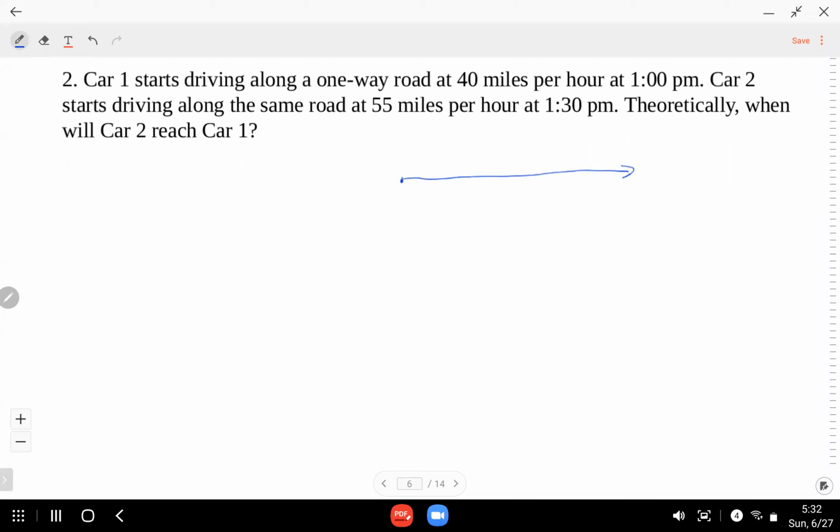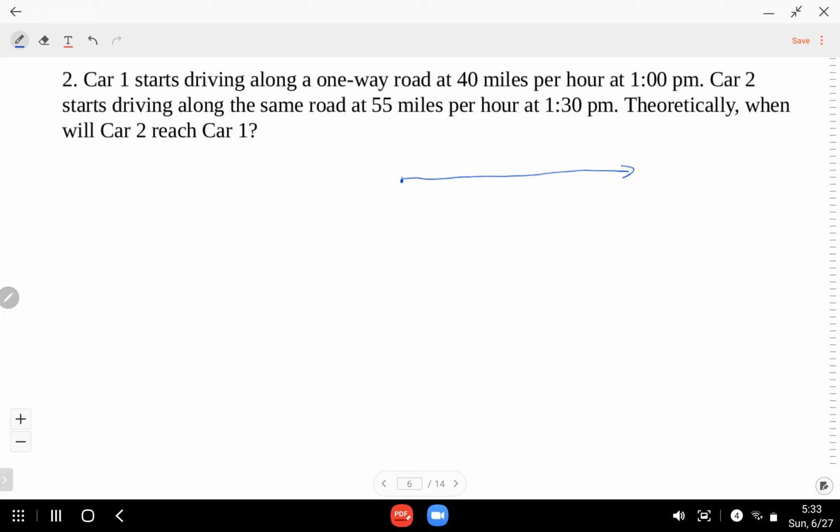Okay, and car 2 starts driving along the same road at 55 miles per hour at 1:30 p.m. Theoretically, basically assuming that no cars will get in their way, no traffic, no traffic lights, you don't break your tires or something. Okay, theoretically, when will car 2 reach car 1?